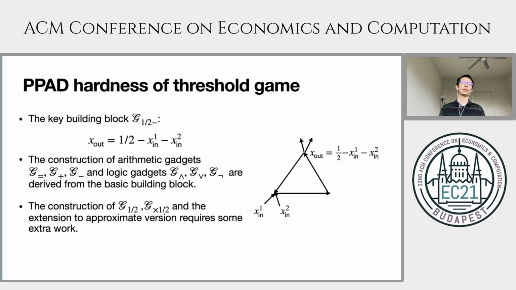I will omit the detailed computation there, but the construction of arithmetic gadgets, including equal, plus, minus, and the logic gadgets and, or, not, can be derived from this basic building block. The constructions of 1/2 and times 1/2 are more complicated, and are constructed through a delicate composition of this building block.